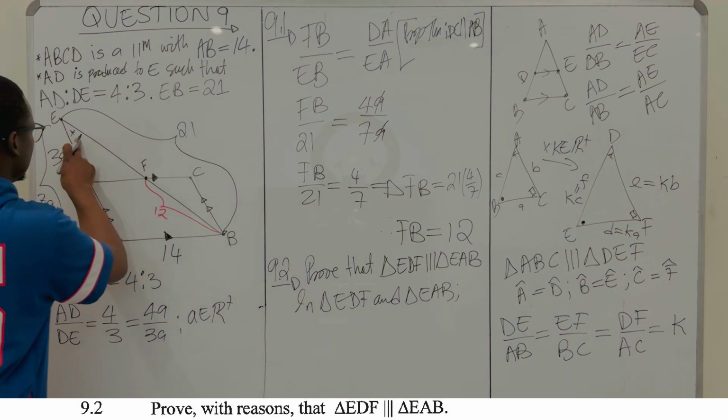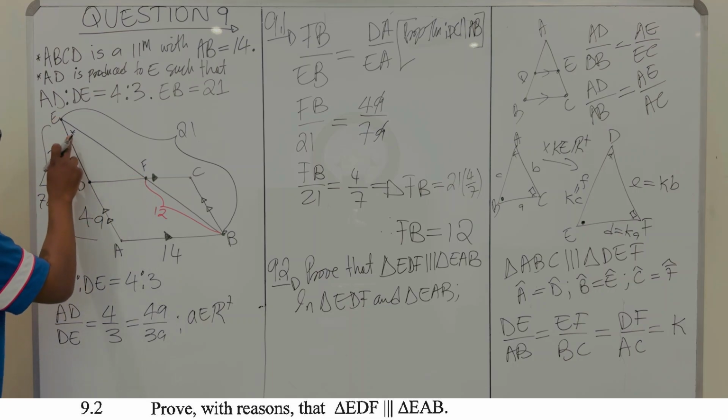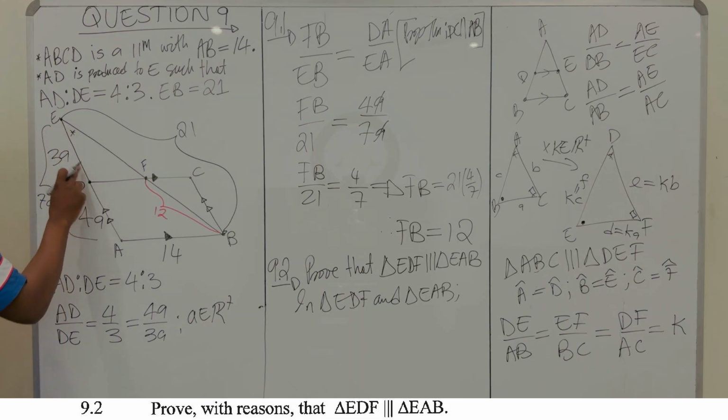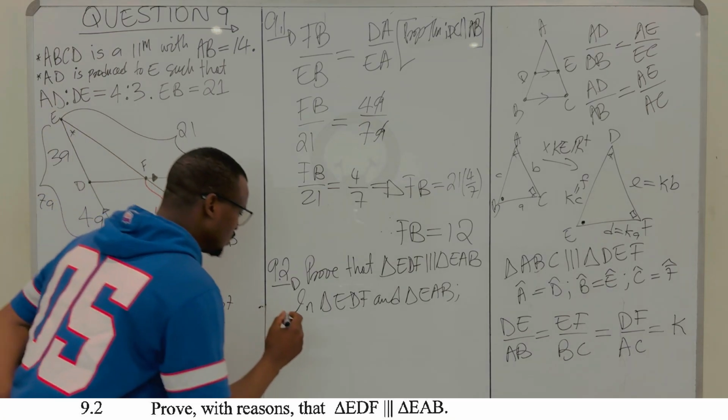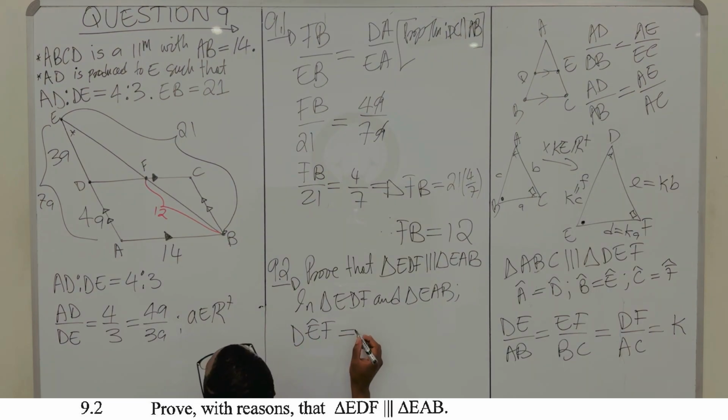This angle E here, formed by DE and EF, is equal to your angle E between AE and EB. Your angle E between DE and EF is equal to what? Is equal to AE.